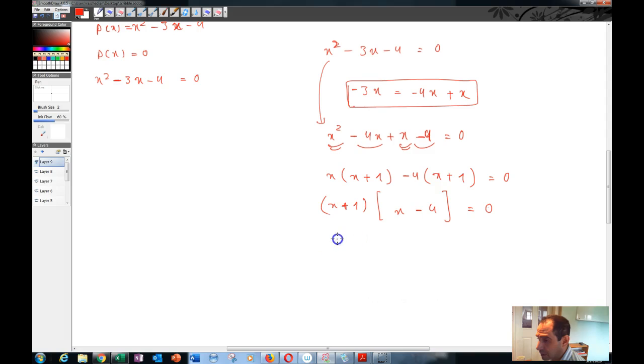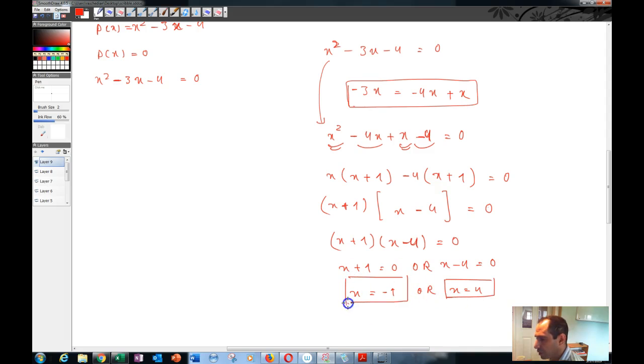I write this as x plus 1 times x minus 4 is equal to 0. So either x plus 1 is equal to 0 or x minus 4 is equal to 0. So here x is equal to negative 1, or x is equal to positive 4. x is equal to negative 1 and positive 4.